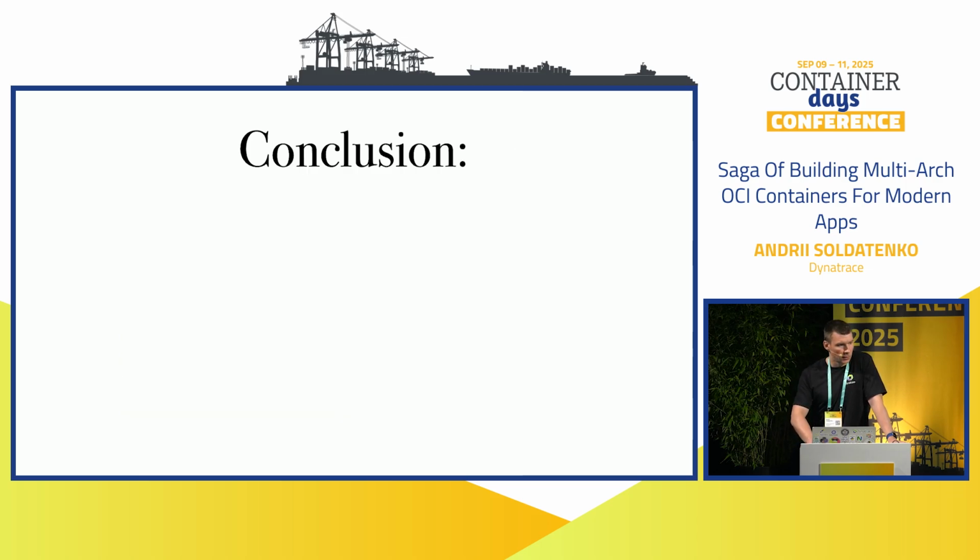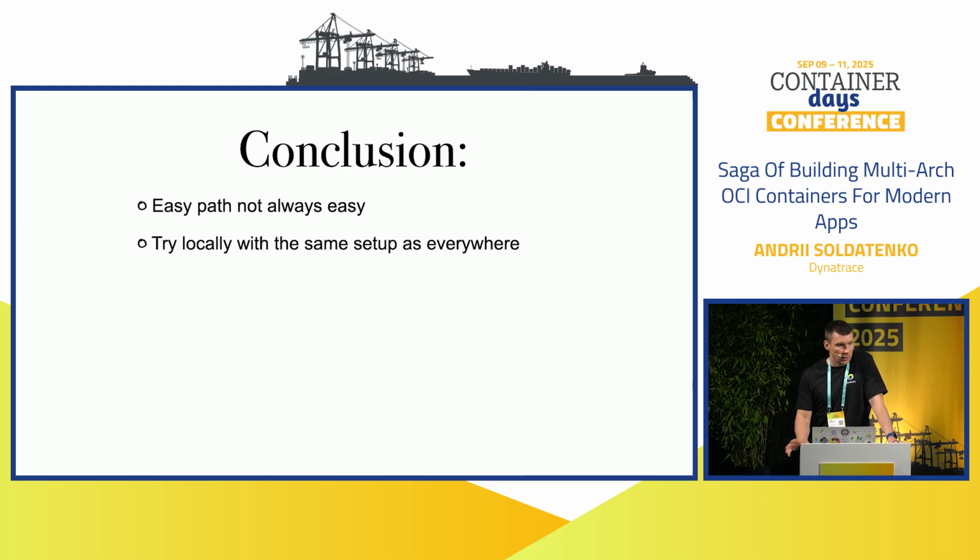Yeah, I know you're all tired, so I will be quick. So, conclusion. The easy path is not always easy. What we learned is that you have to try everything locally, because the amount of issues we found, and I did not even put it in the slides, is insane.